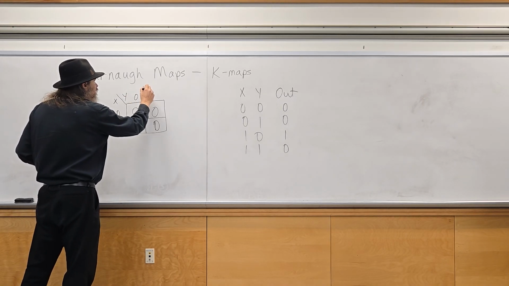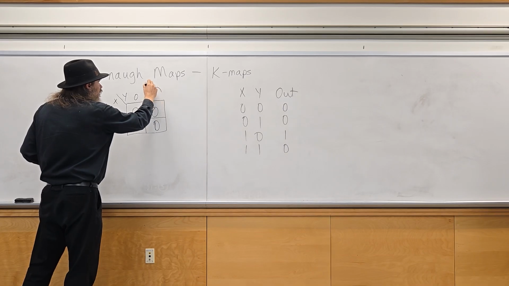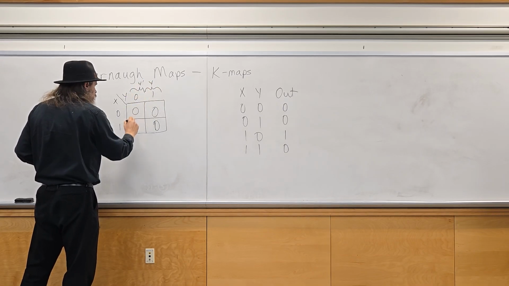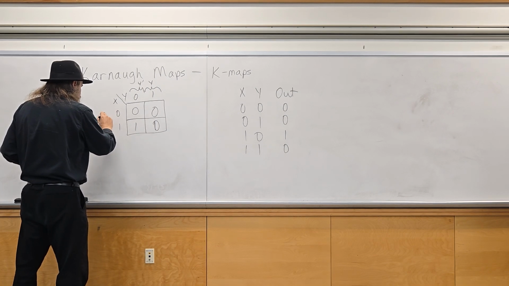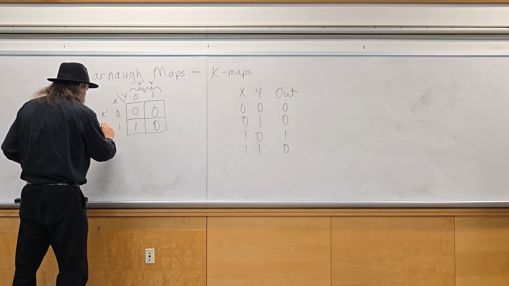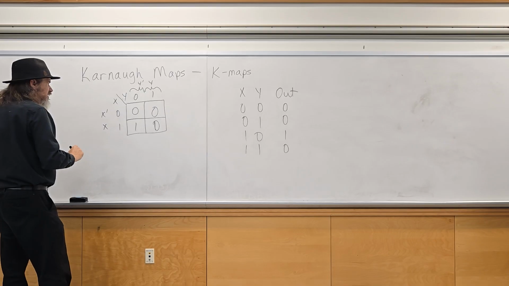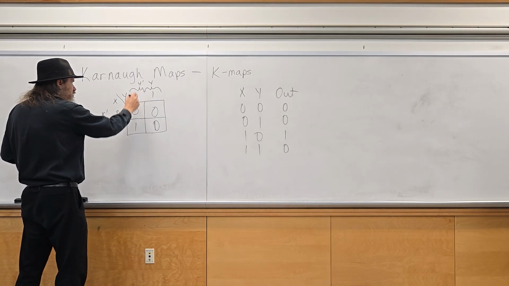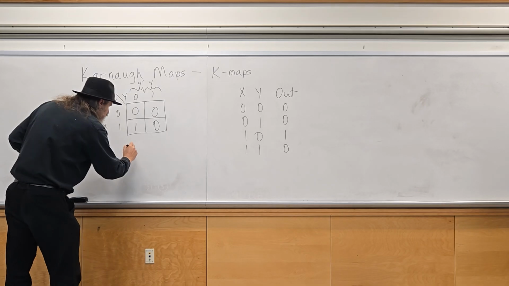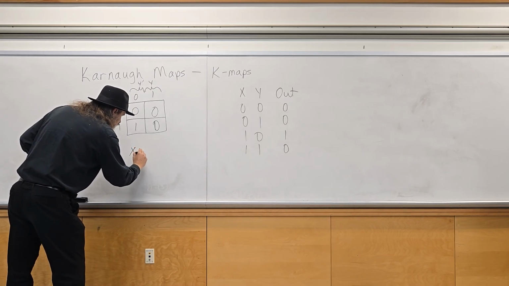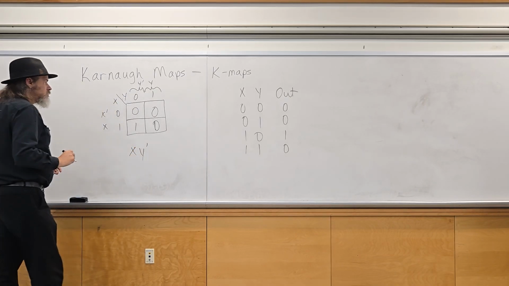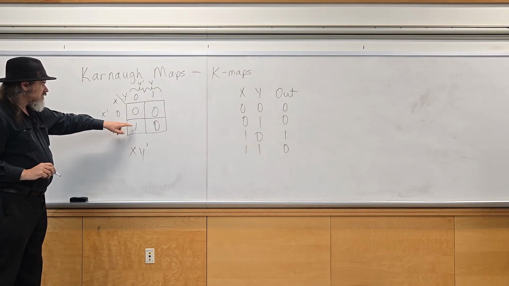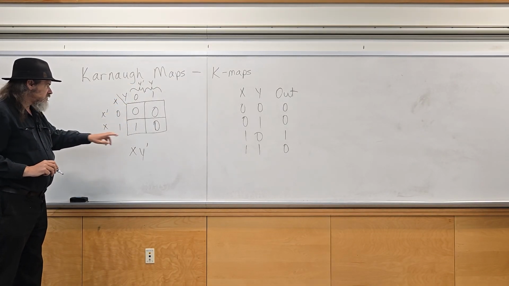This is Y, Y prime, X prime, X. So you just match up where the ones are. It's X and not Y, because it's in the not Y column and the X row.